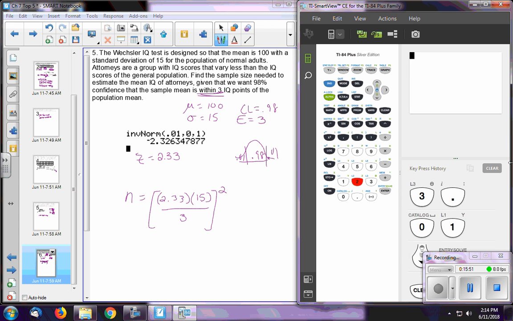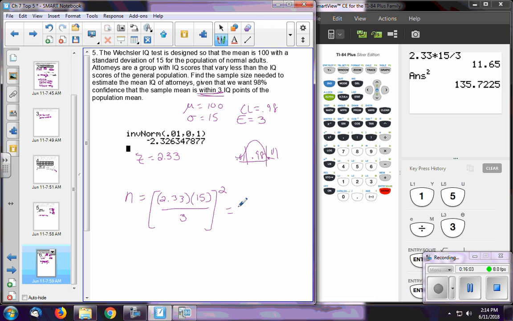So we have 2.33 times 15 divided by 3, and all of that has to be squared. So this gives us 135.7225.